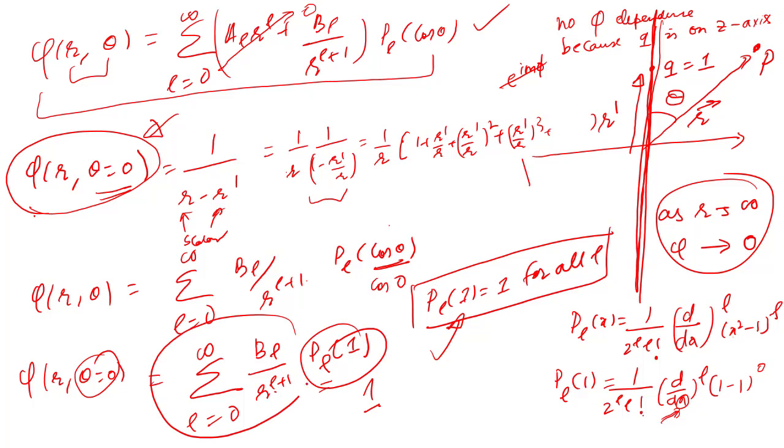So we have this then. Then I can write phi of r, theta, by applying the boundary condition to our generalized potential. I get the sum from L equals 0 to infinity of B_L by r to the power L plus 1.